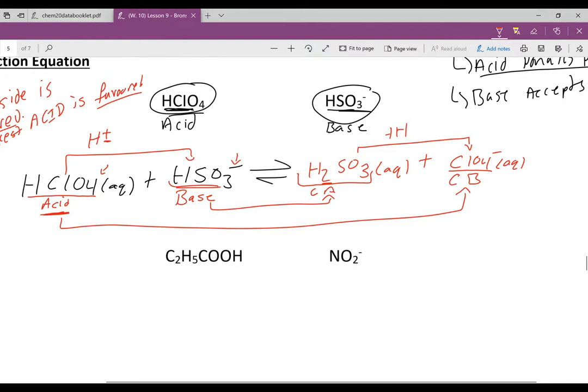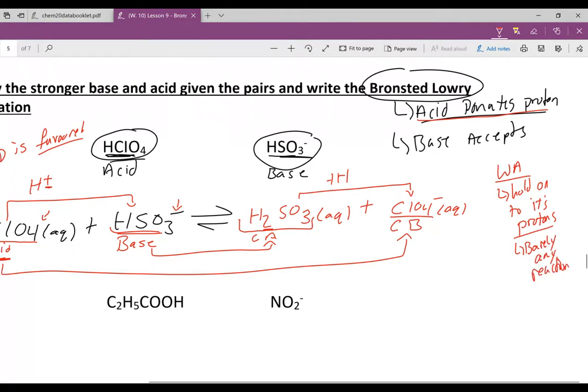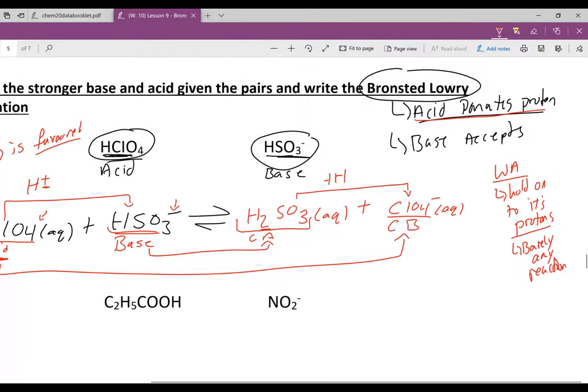Well, your weakest acid is going to be favored because remember, a strong acid really wants to donate its proton, so it's going to react pretty easily. But a weak acid wants to hold on to its protons. So that means it's not really going to want to react very much, if any, okay? So barely any reaction. So that means the reaction is going to favor the side of the weakest acid.